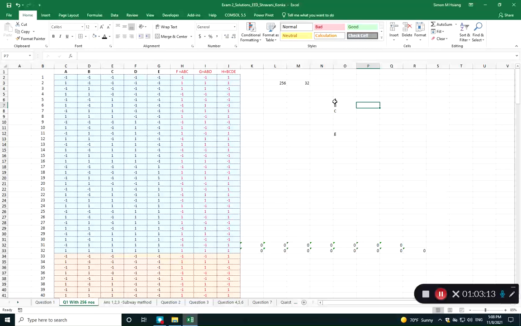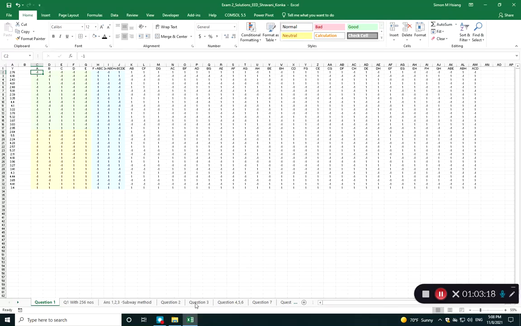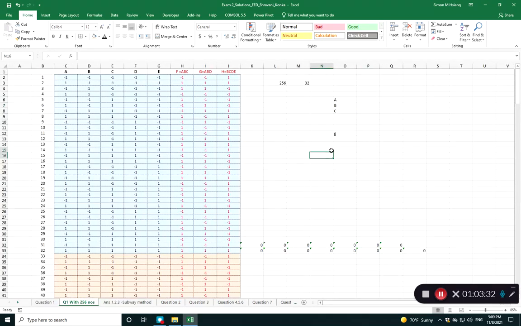But since we're trimming it down to just 32, I only have 31 degrees of freedom. So when you have 31 degrees of freedom, remember here. Let me try this.